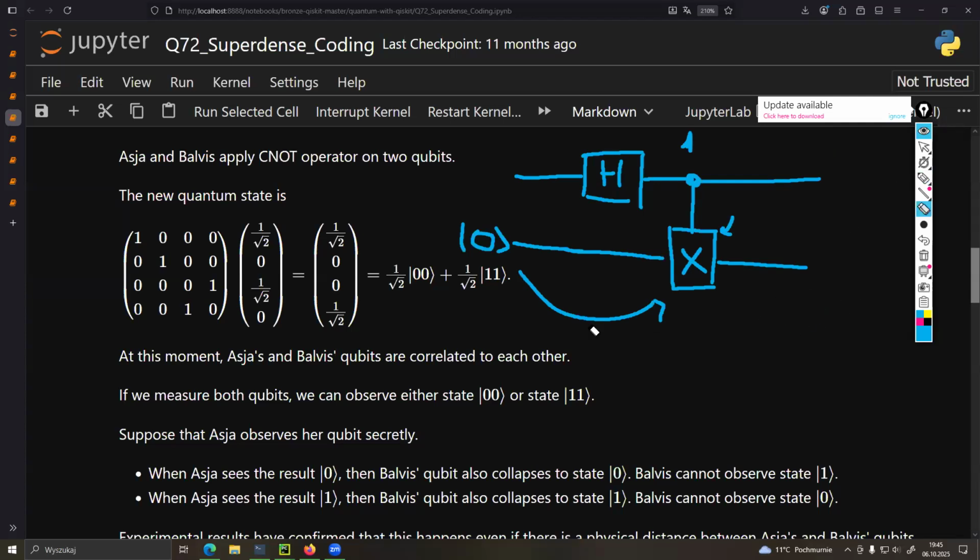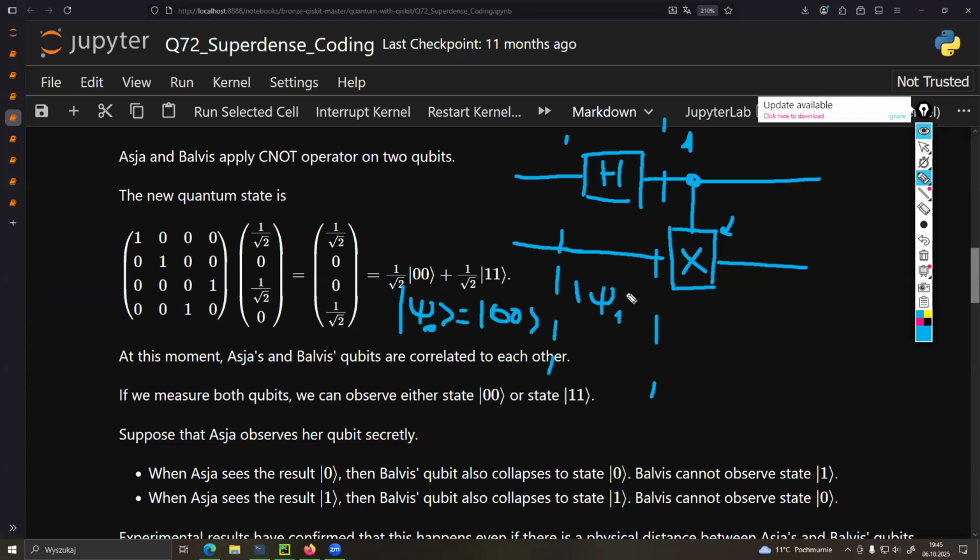So after these two operations, here we have a state 0, 0, which is kind of like a C0, let's say. Here we have a C1, which, if this is Q0 and this is Q1, is a state 0 plus.